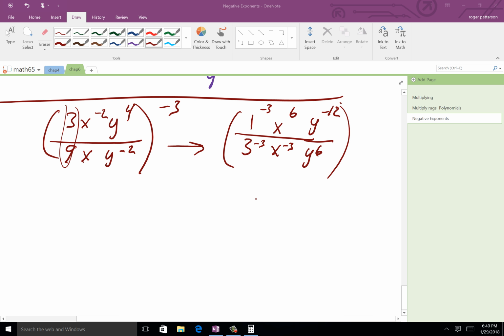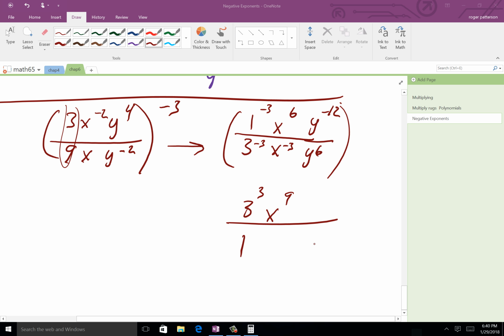So I have negative exponents, so anytime I have a negative exponent, things are going to go and flip. So the negative 1's got to go to the bottom. The 3 to the negative third is going to go to the top, become 3 to the third. This x to the 6 stays. But this x to the negative third is going to go to the top.